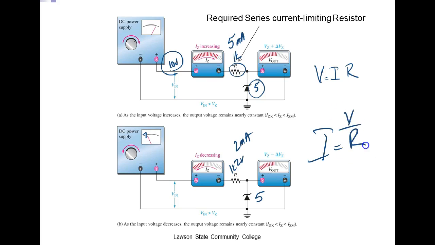I is equal to V over R. Well, this R right here is not changing. That R right there is not changing. What's changing? This is staying at exactly 5 volts. The voltage drop across the resistor is changing.